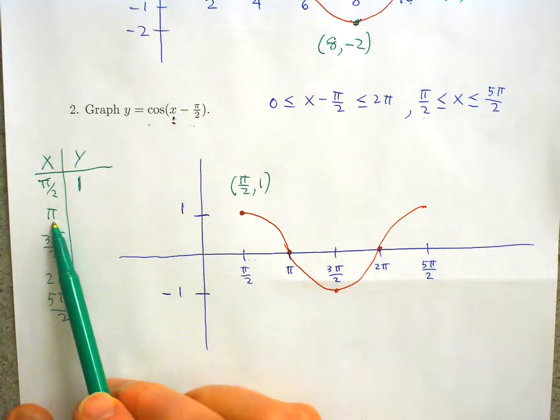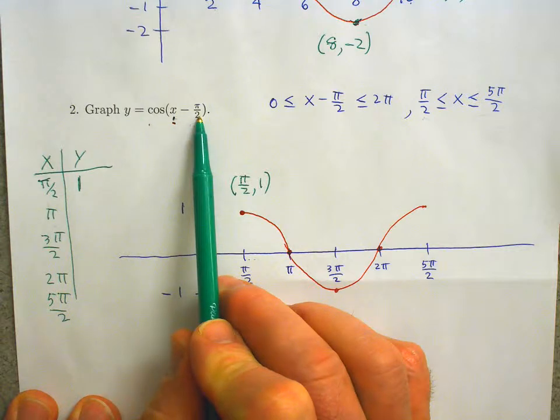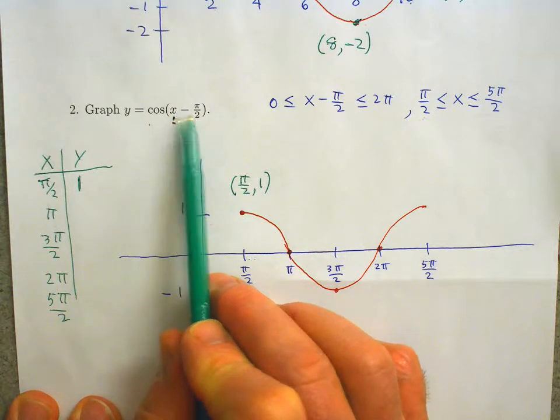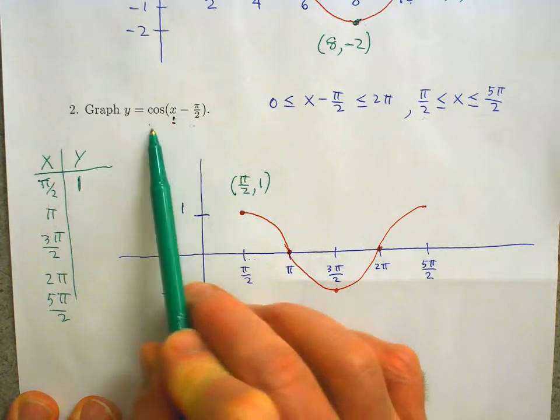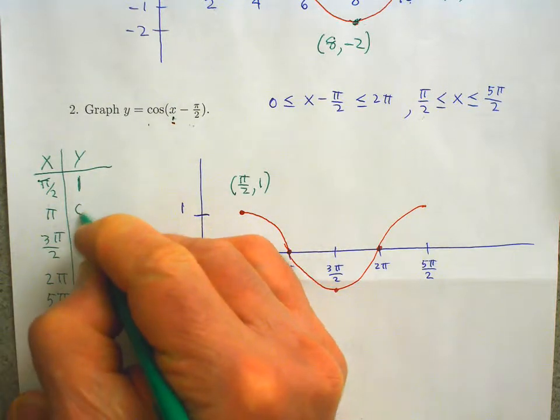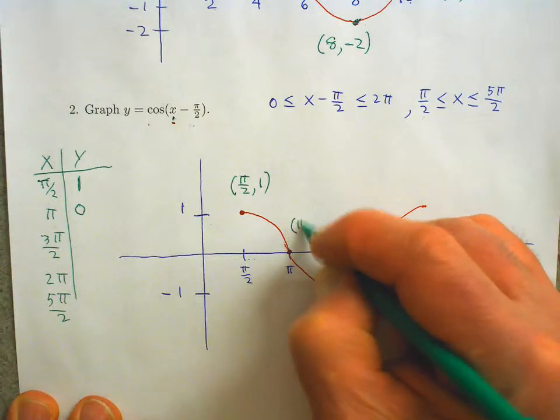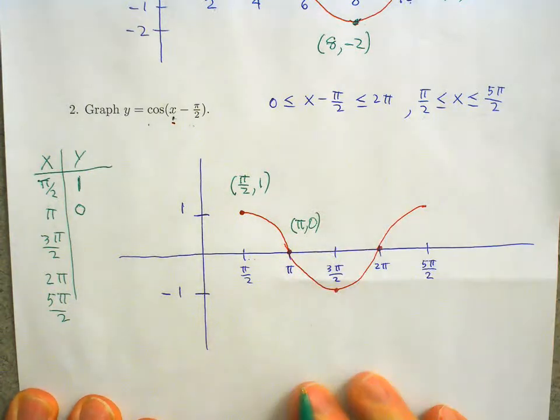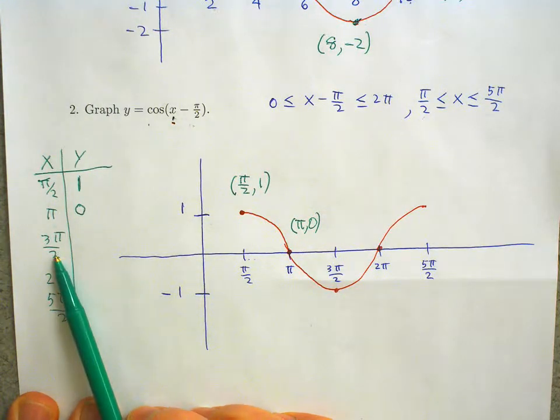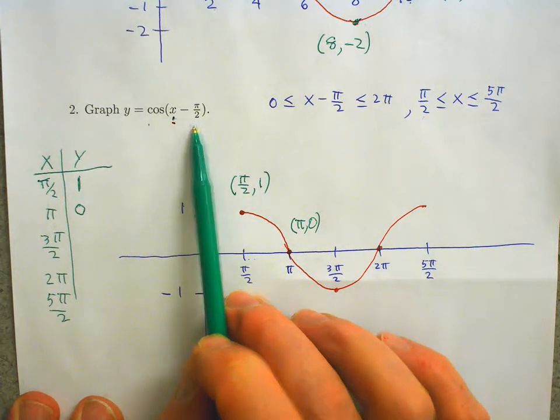Okay, when x is pi, we have cosine of pi minus pi over 2. Pi minus pi over 2 is pi over 2, and cosine of pi over 2 is 0. So the y-coordinate is 0 there, and that's what we have on the graph. Pi is 0. For 3 pi over 2, for x, 3 pi over 2 minus pi over 2 is pi.